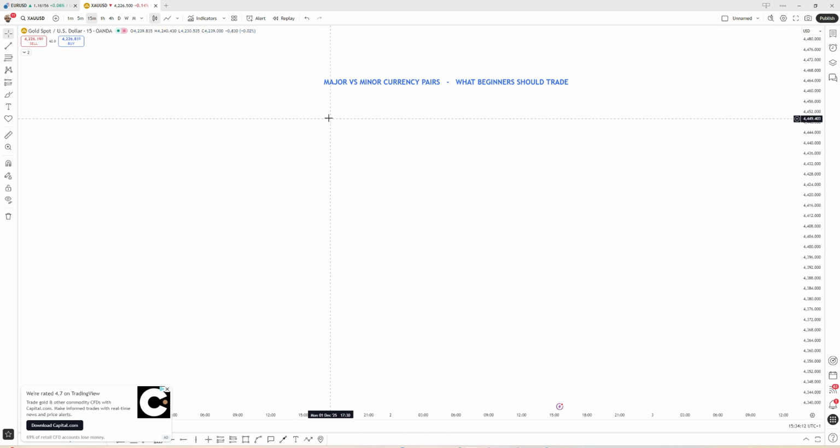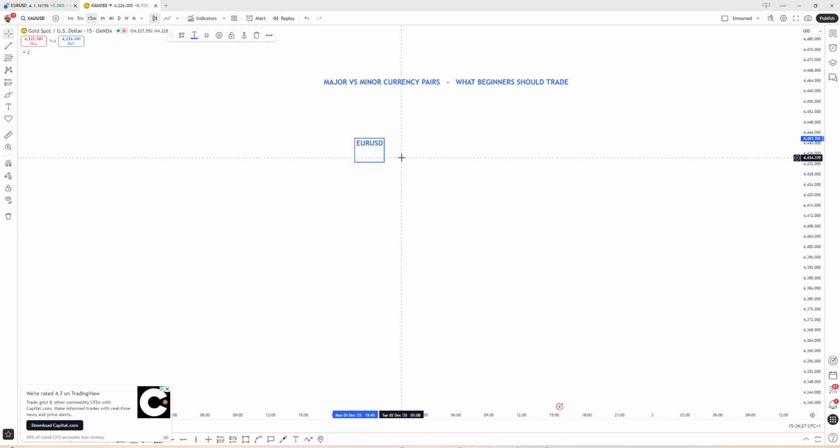We have the likes of EUR/USD, GBP/USD, that's Great British Pound versus US dollar, USD/JPY, USD/CHF, and USD/CAD, that's United States dollar versus Canadian dollar.